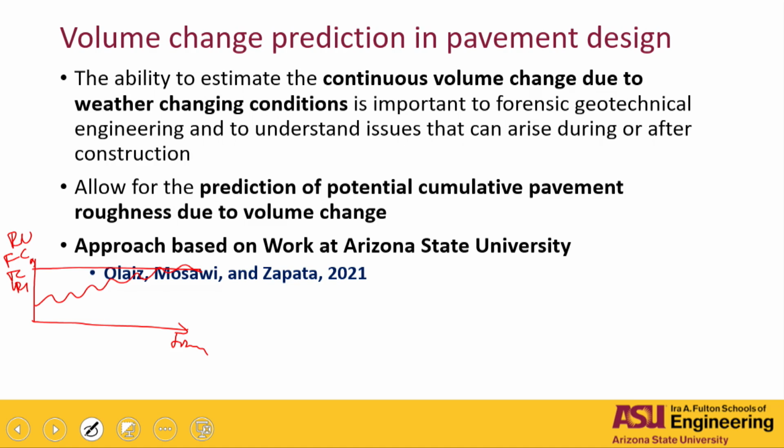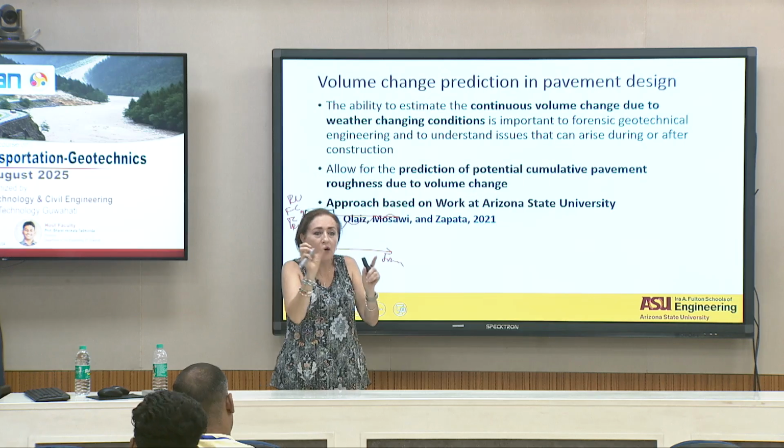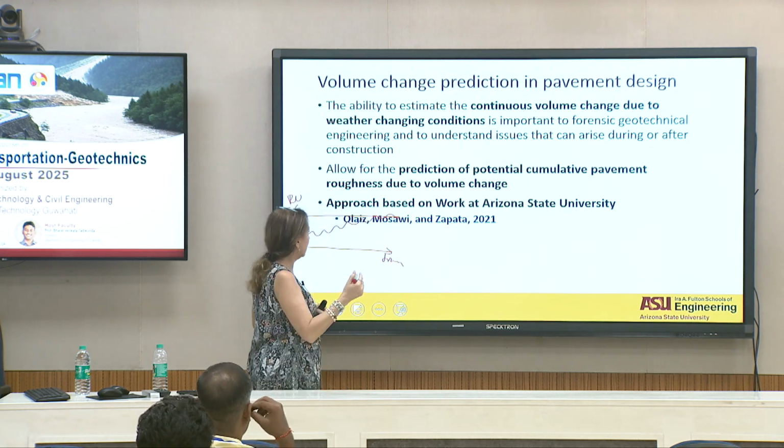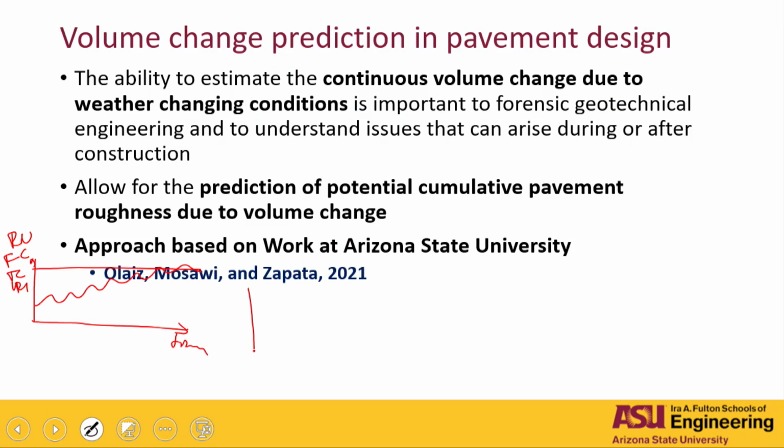So if we are able to do that, instead of putting in one fixed value for IRI, this is the IRI change, let's say due to rutting, plus thermal cracking, plus fatigue cracking, and then if you add a little bit due to the expansive soil, it's going to be a constant, right? Because it's PI passing 200, and the rainfall, probably the rainfall is going to add a little bit more.